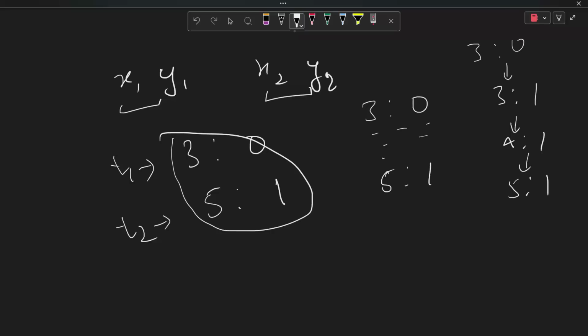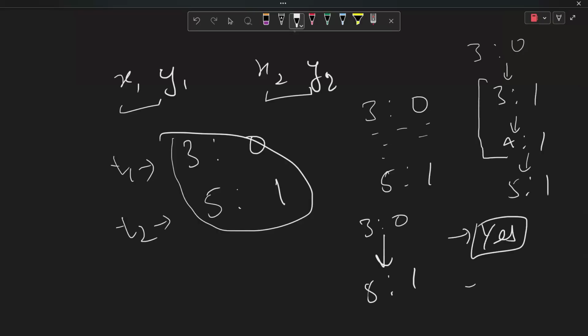You have to find out whether it is possible that in the middle the scores never became equal. If that is possible in any case, then print yes, otherwise no.